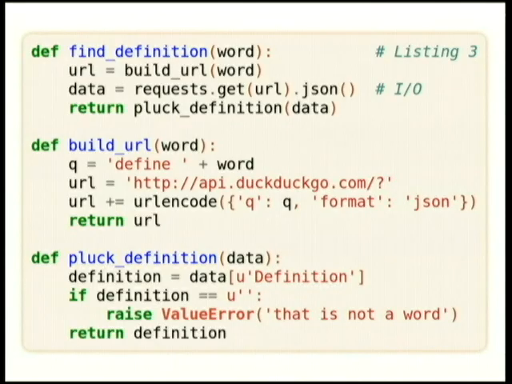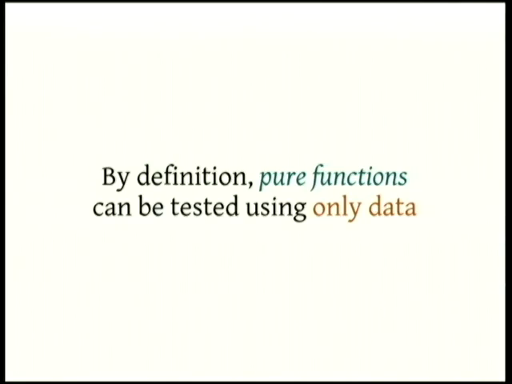When we factor out our logic, as in listing 3, where we get the logic that simply deals with data structures and rescue it by putting it beneath the I/O rather than above it, well, by definition, pure functions can be tested using only data.